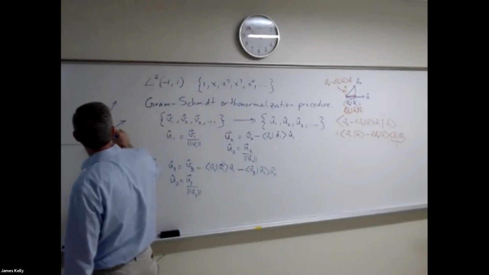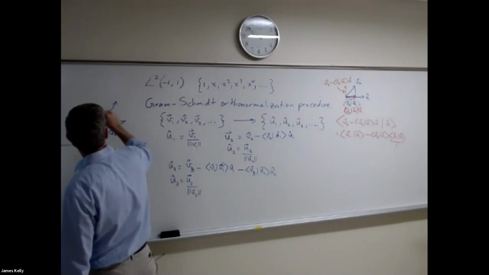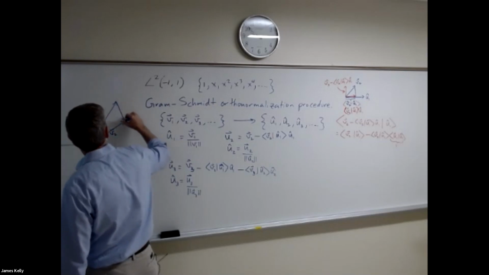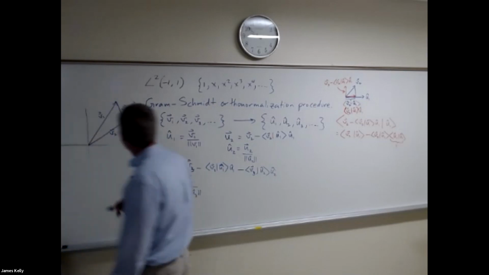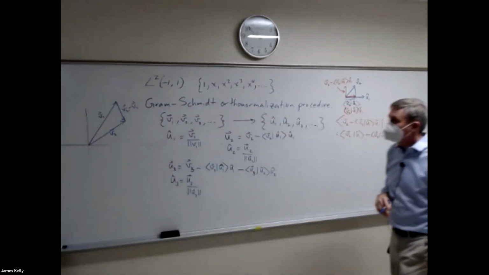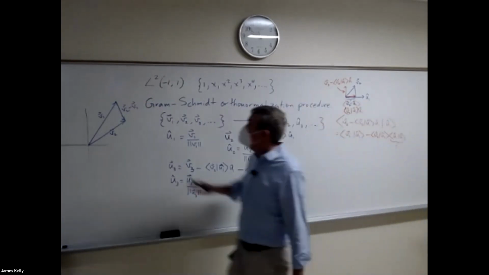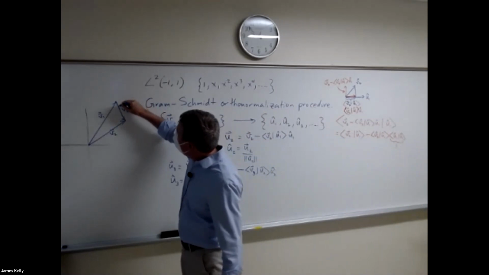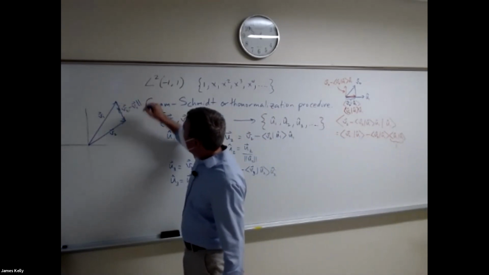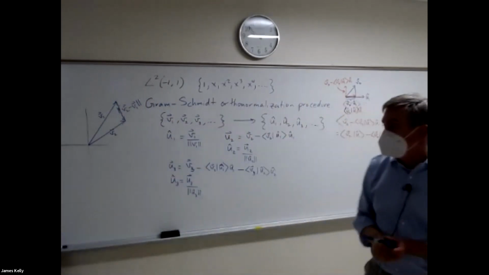So if I say this is V2 down here, and this is V1, then V2 minus V1, as you know from your introductory vector stuff, points from the tip of one vector to the tip of the other one. And how far apart these vectors are, we're just going to say, well, how long is that vector? That's the norm. So that's going to be our notion of distance on the vector space.